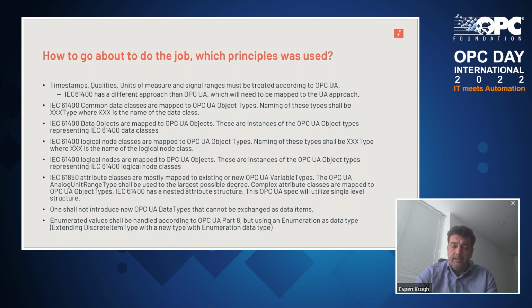Basically, we should prioritize mapping to pre-existing OPC UA concepts as opposed to trying to represent the other standards directly in non-natural OPC UA ways. So that's the principles used: try to figure out the best OPC UA concepts and then map them to those.